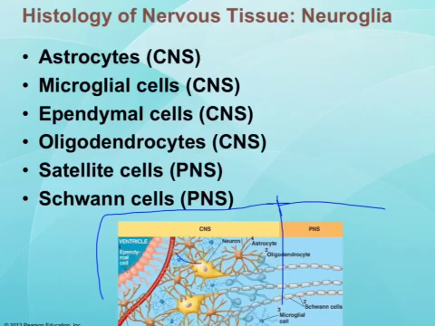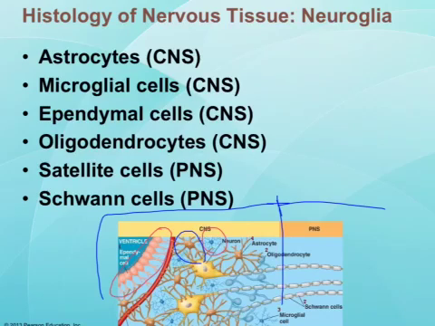Those are the large ones here. Those are astrocytes. The microglial cells are smaller, also star shaped. Those are the microglial cells. Ependymal cells form kind of an epithelial sheath, but it's not epithelial, though very similar to that. So you can find them here.